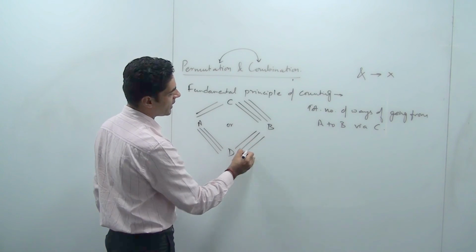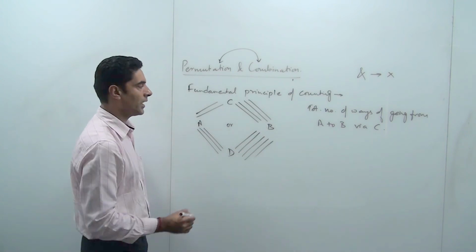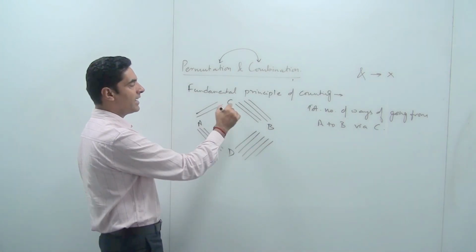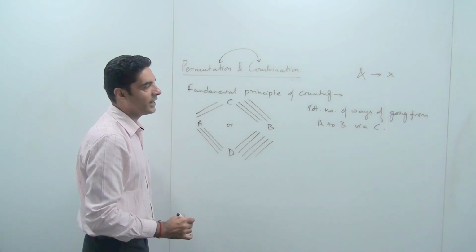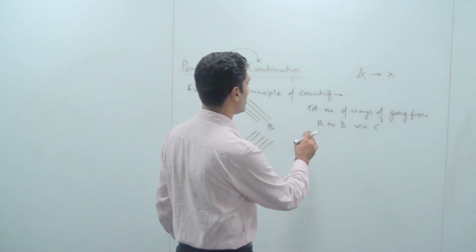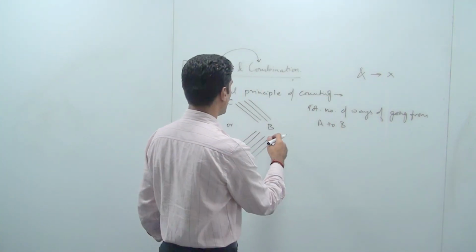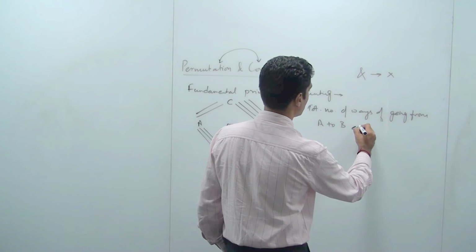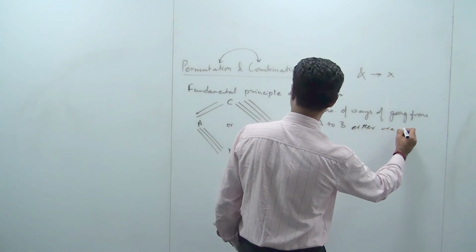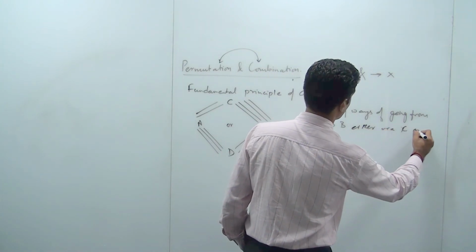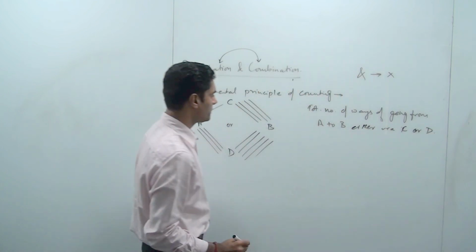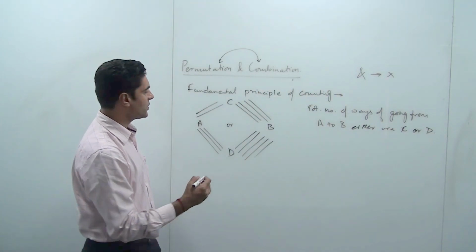And from D to B are 5. And you can go to B from A via C or via D. So find the total number of ways of going from A to B, as I told you, either via C or D.